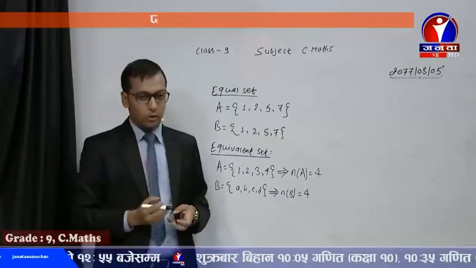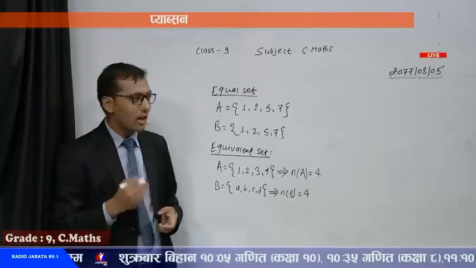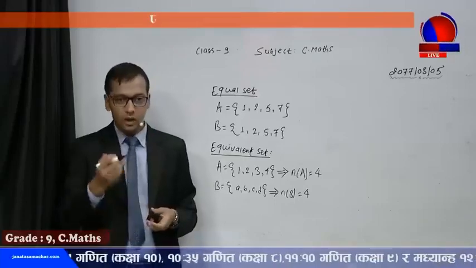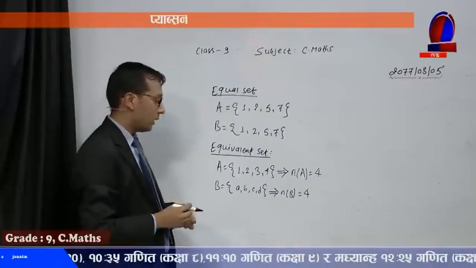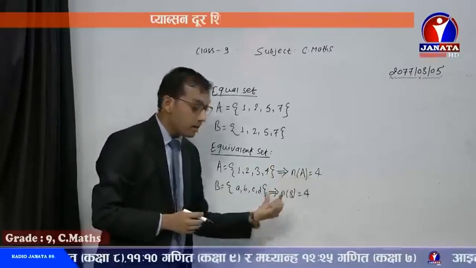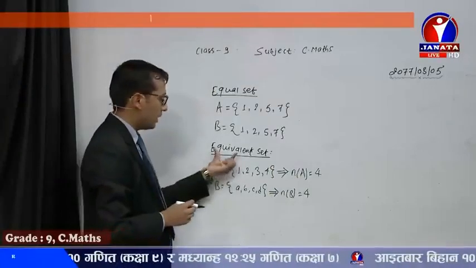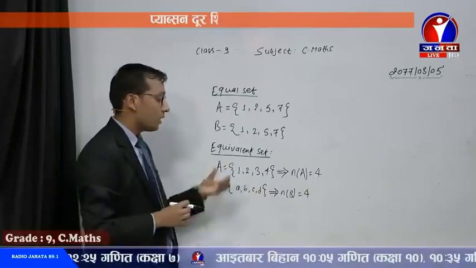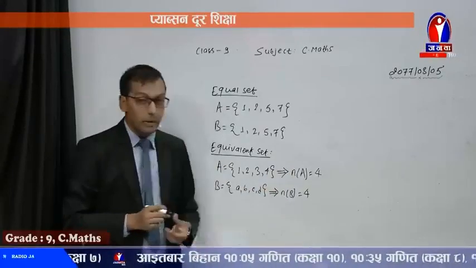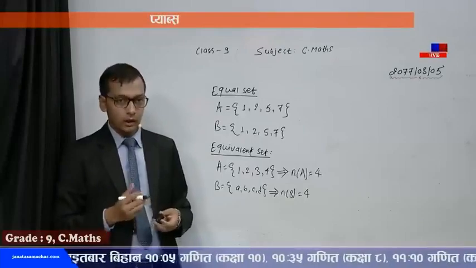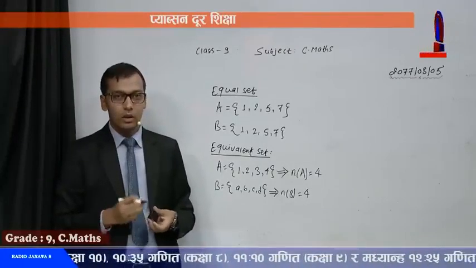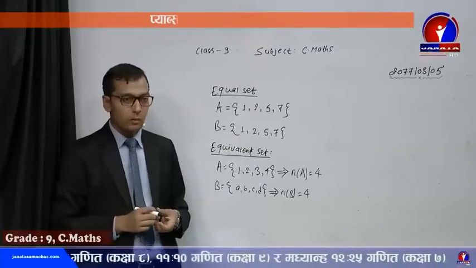I hope you know what the cardinal number is. I also have this topic for today's discussion, so let me cover it here itself, because in equivalent set you should understand the cardinal number. The cardinal number of a set is the total number of elements contained by a set.